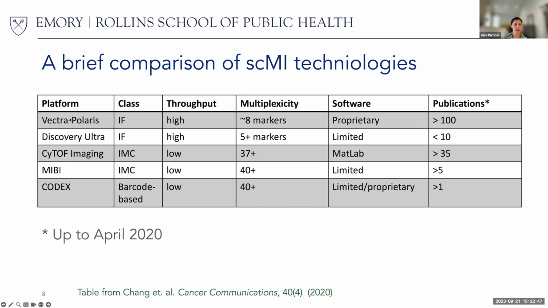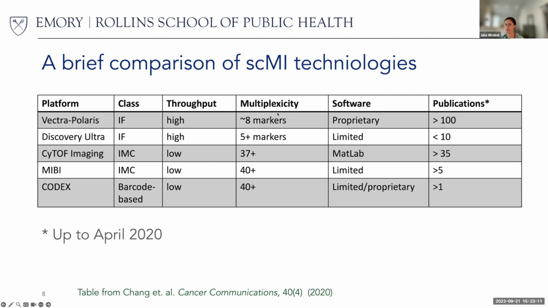The different names of the platforms are here. I've worked mostly with Vectra Polaris data. Vectra Polaris, I would say, is the most popular and widely used platform, because it's been pretty well developed by industry and it's sort of the cheapest. Because of that, it's also been most published on up to this point in time. But it's also the lowest multiplexicity, that's just the number of markers that you can get.